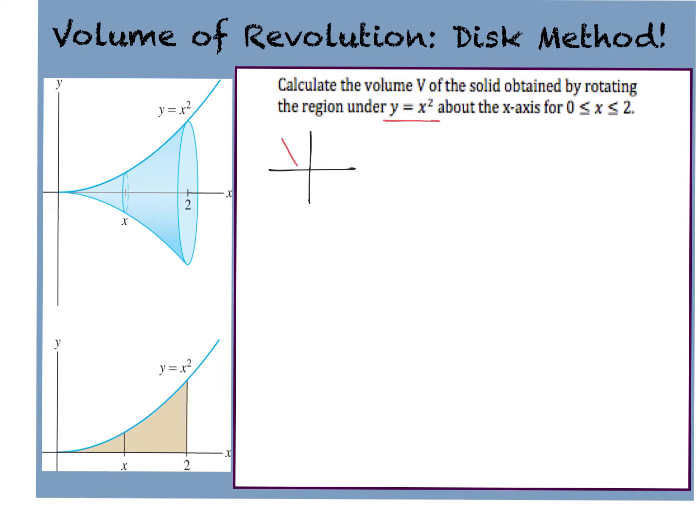So I have a parabola going like that. And then it's from 0 to 2. And so this area underneath here, I'm going to rotate about the x-axis. So that's the kind of drawing I'd like you to have on your paper.